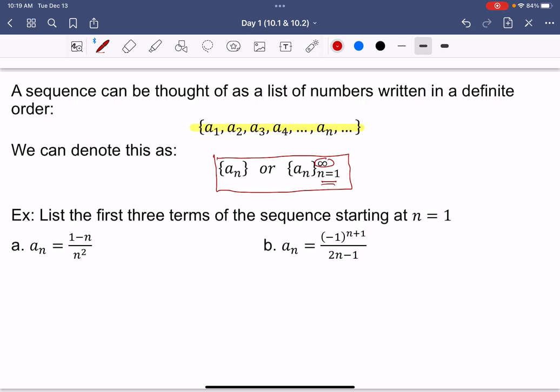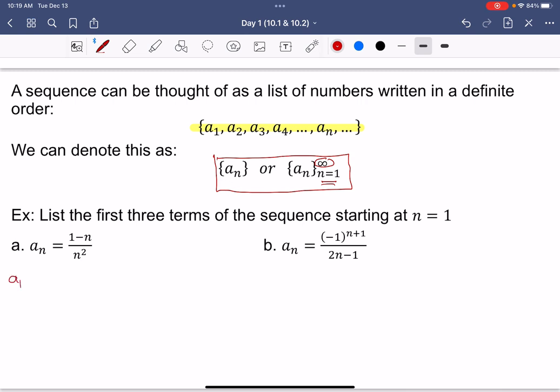But to start off, I want to give you a few patterns, and we're going to learn how to generate the numbers ourselves. So for example, I want you to list the first three terms of the following two sequences starting at n equals 1. In part A, A sub n is equal to 1 minus n over n squared.